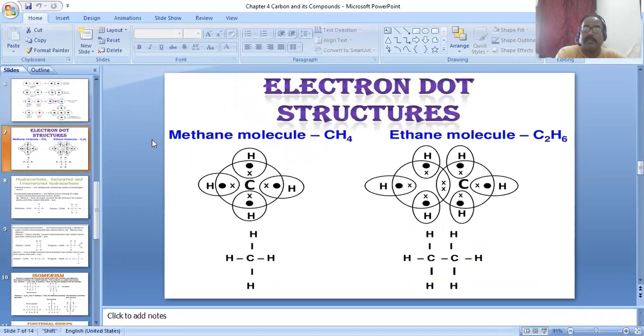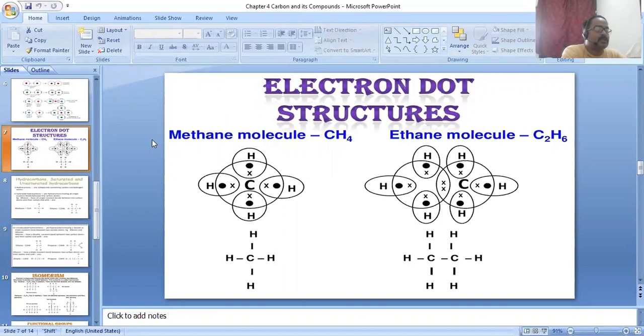This dot structure was represented by Lewis, and Lewis said that for any type of atom, the number of valence electrons is represented in the outer part of the symbol. For any element, this is called valence dot structure. For example, hydrogen.